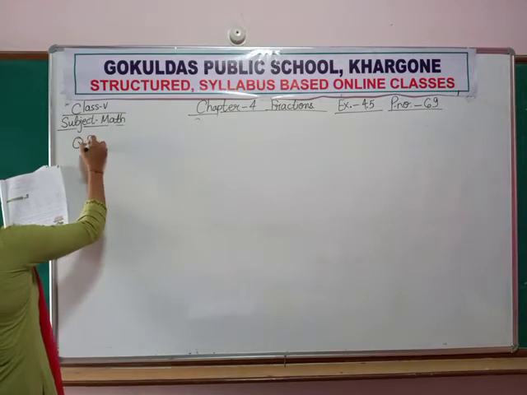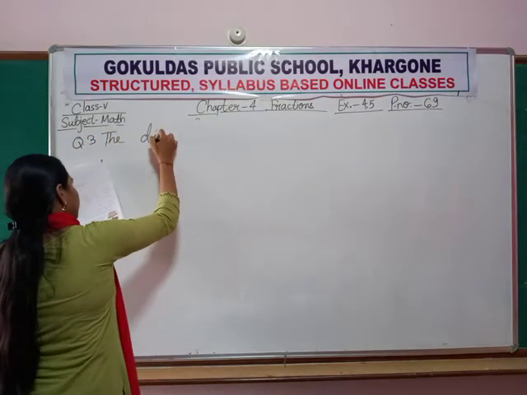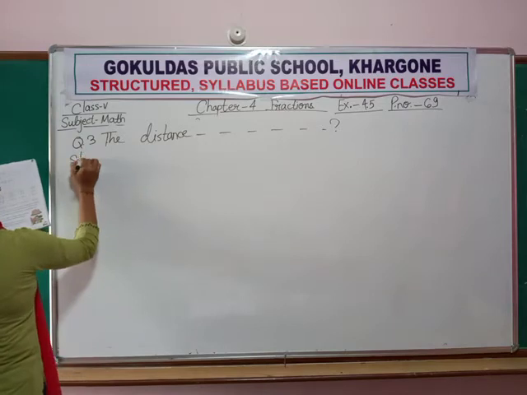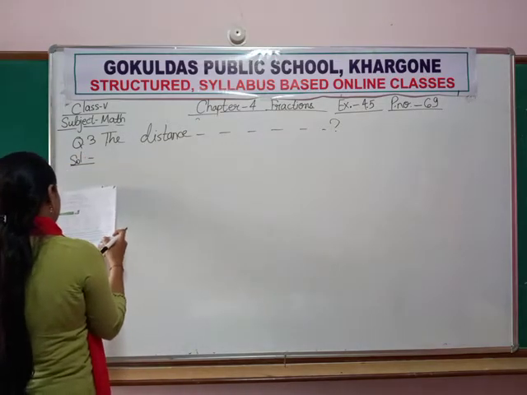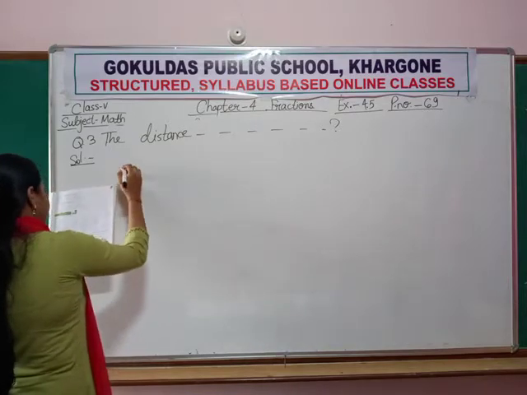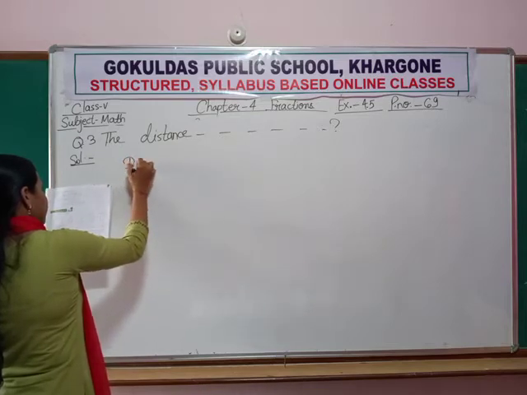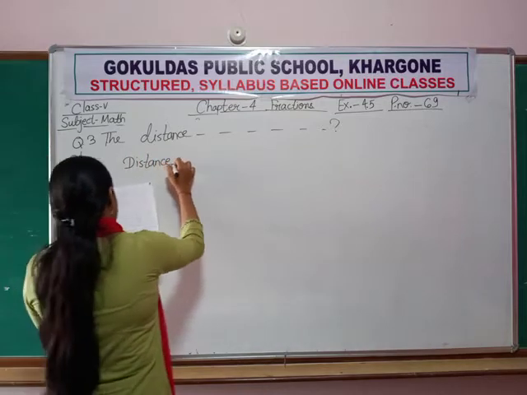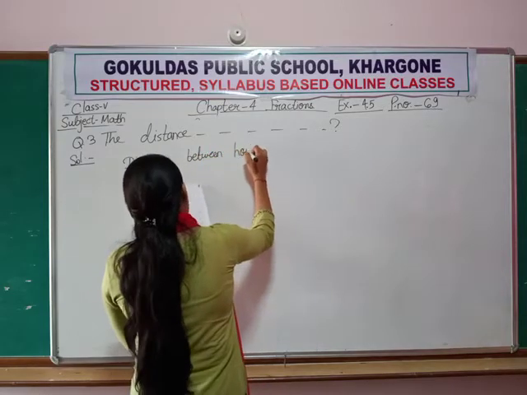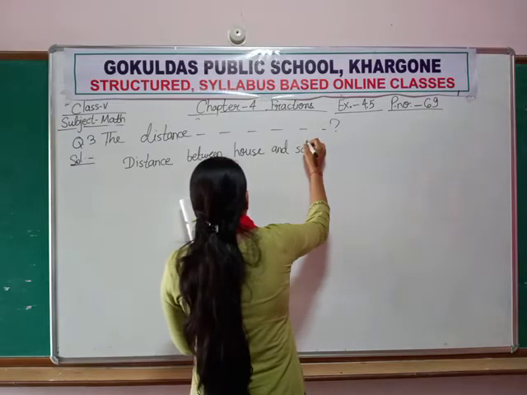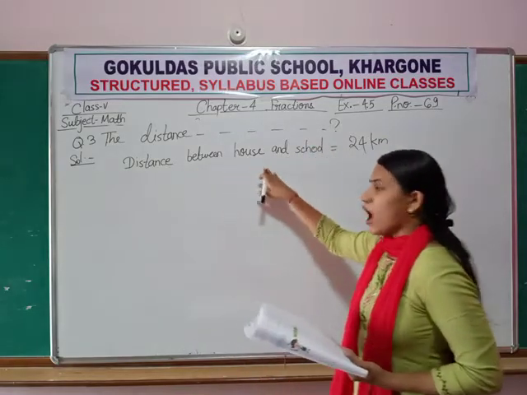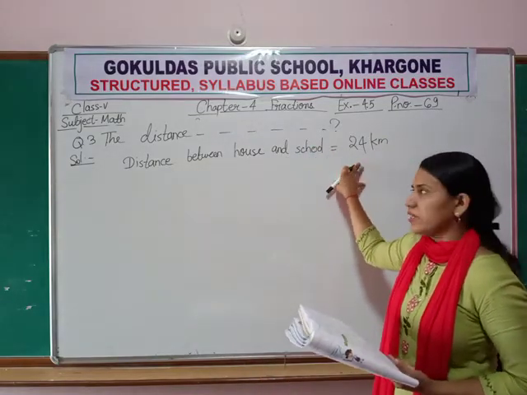Solution. The distance between Alka's house and school is equal to 24 km. This is the total distance.